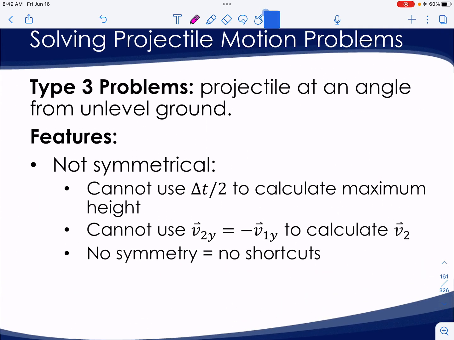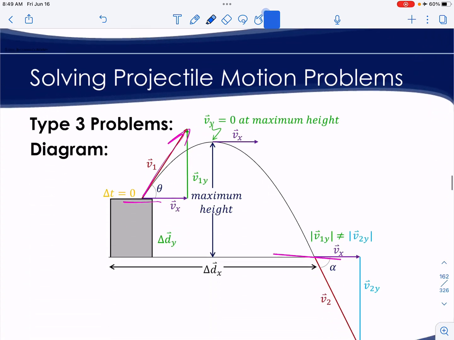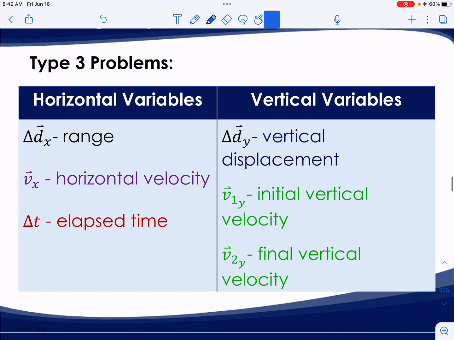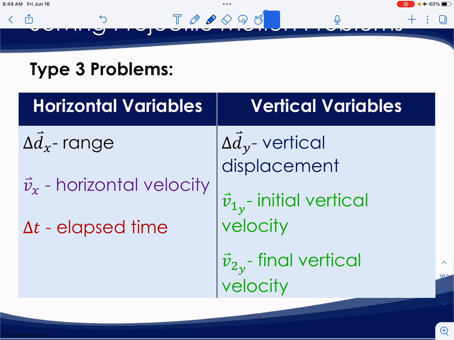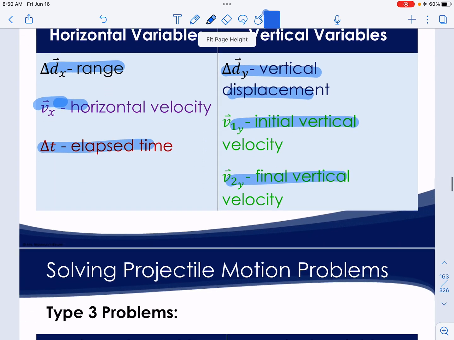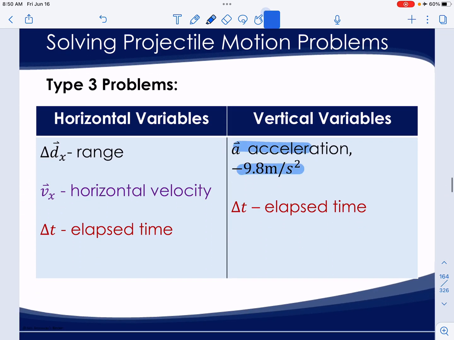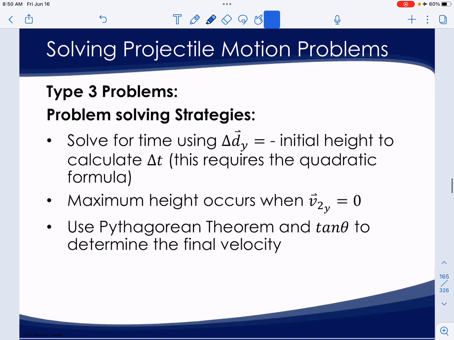It's not symmetrical, so you cannot use delta t divided by 2 to calculate the maximum height. And V2 is not equal to negative V1. There's no symmetry and there's no shortcuts. Yikes. Okay, so we still have a lot of the same variables. It's just we don't have any tricks for taking some shortcuts.